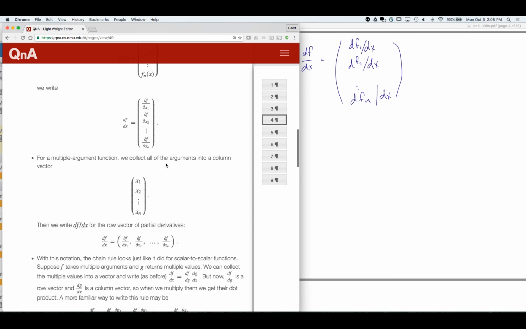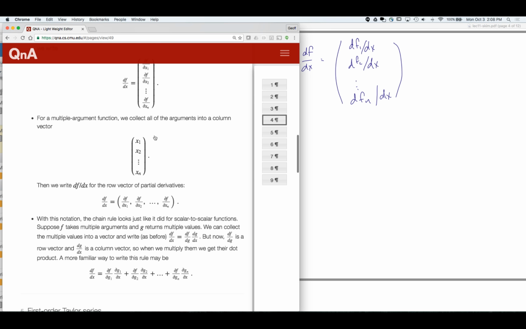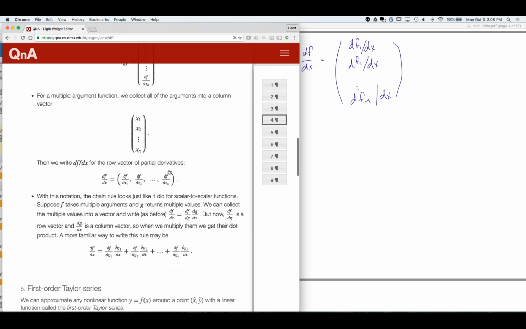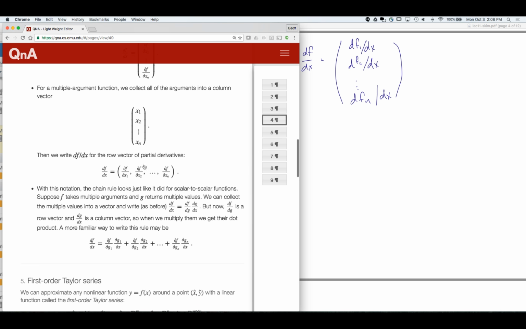For a function with multiple arguments, we can collect the arguments into a column vector and write a row vector of partial derivatives. df/dx is the partial with respect to the first argument, second, and so forth up to the nth argument.